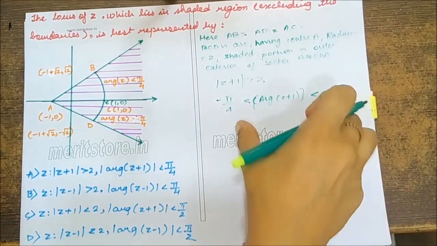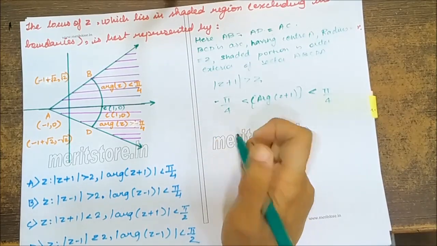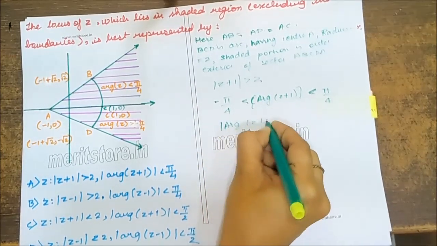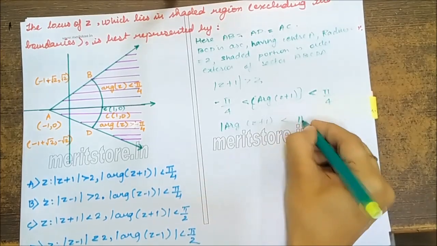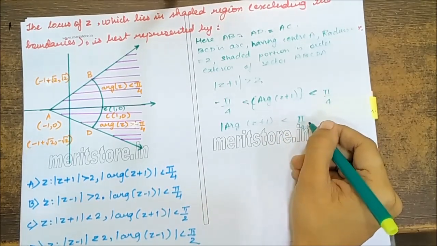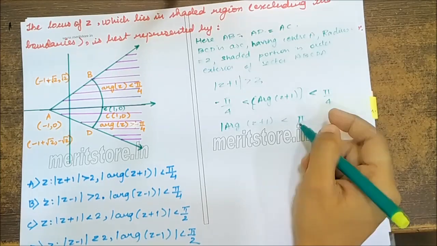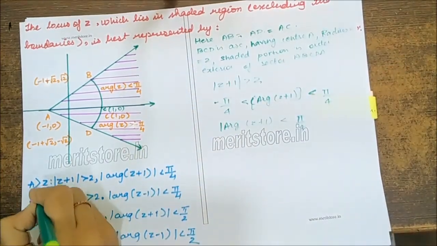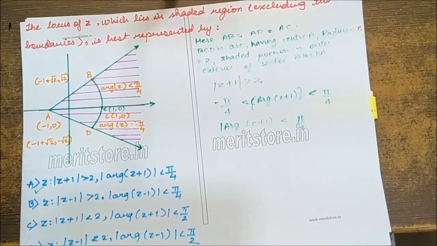So when I combine both of the sectors, we will see that argument of z plus 1 is less than pi by 4. So combining 1 and 2, this is our correct answer.